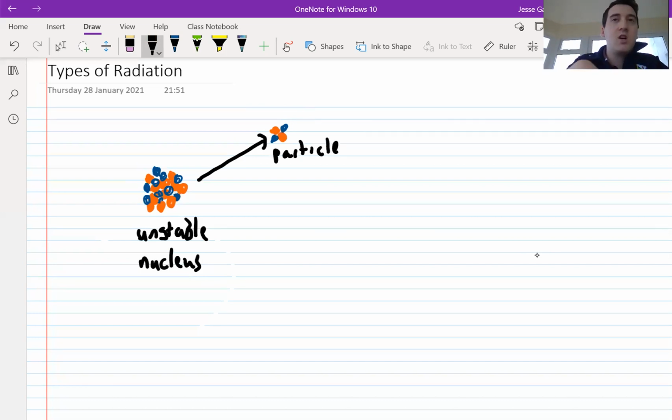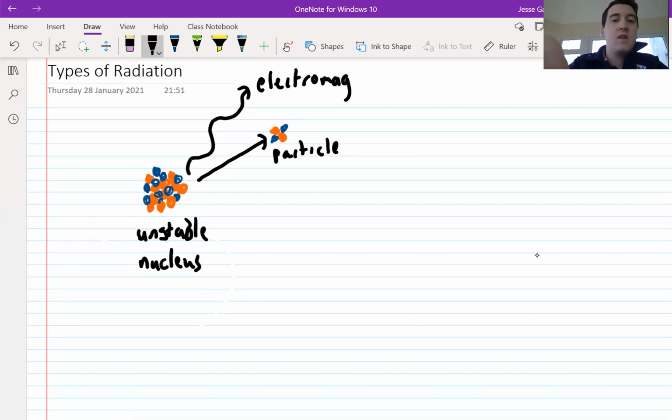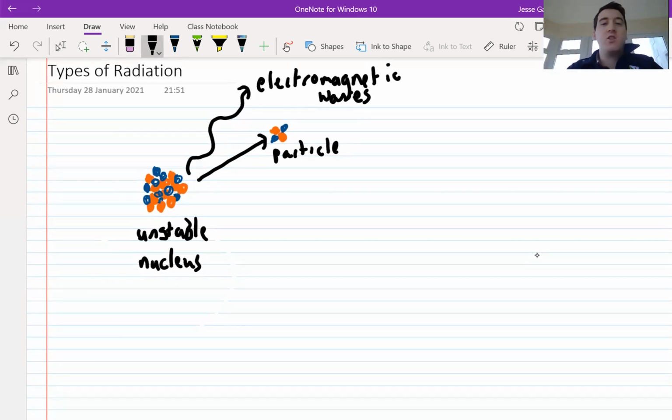And this is usually accompanied by some electromagnetic waves. What the electromagnetic waves do is they transfer energy away from the nucleus. So all that extra energy that was in there that was making this unstable, when the nucleus breaks up and a piece is kicked out, like this particle is kicked out, then you also get energy being released.